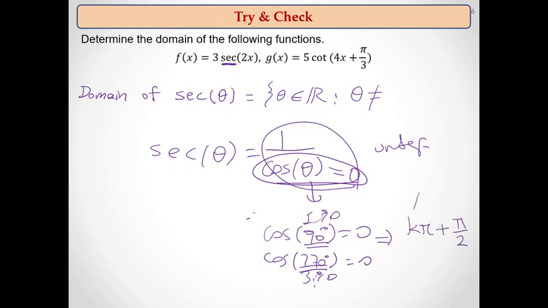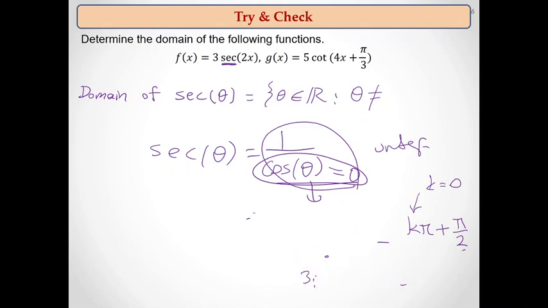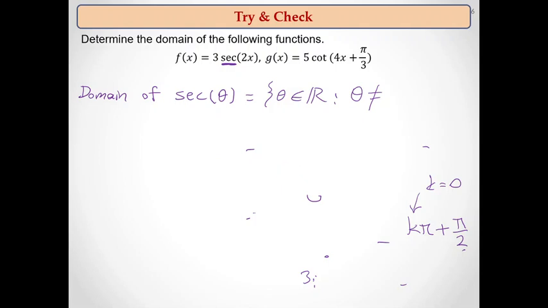When you put k equal to 0, you get 90, and when k equals 1, you get 180 plus 90, so you get 270. These are the zeros of cosine theta, so theta cannot be k pi plus pi over 2, where k is an integer.